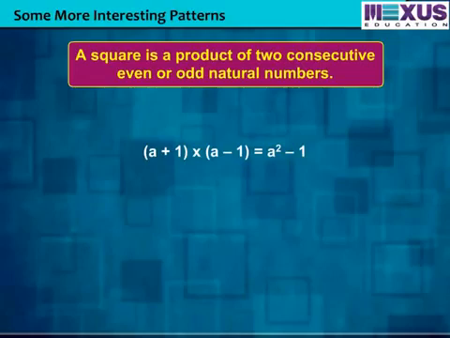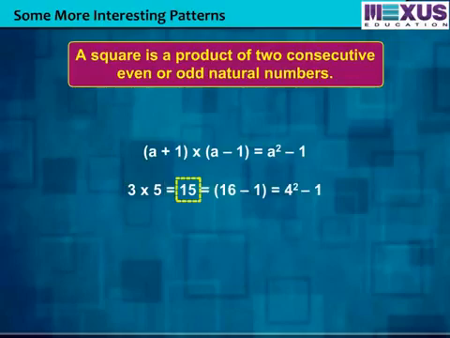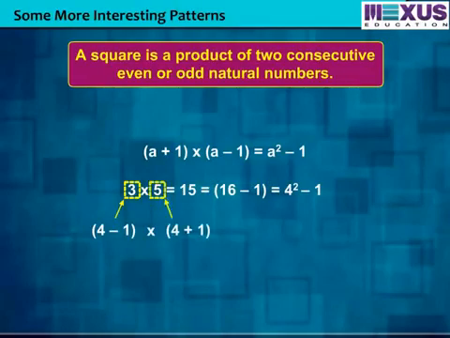Using 2 odd consecutive numbers in the formula, 3 and 5, we get 3 into 5 equals 15, which is 1 less than the square number 16. We can express this as 4 minus 1 into 4 plus 1 is equal to 4 square minus 1.